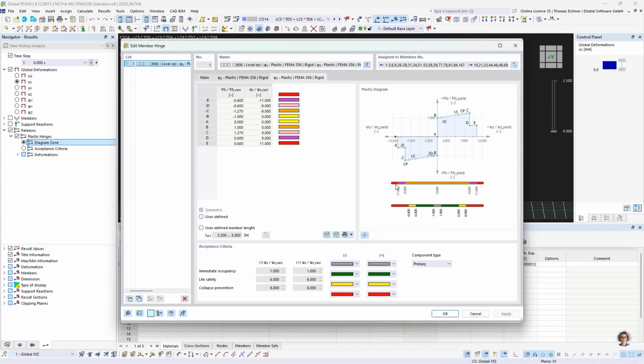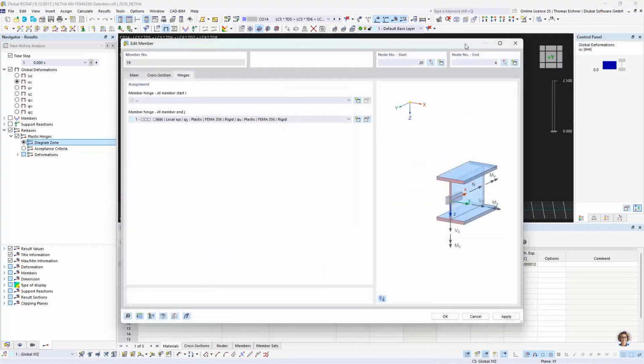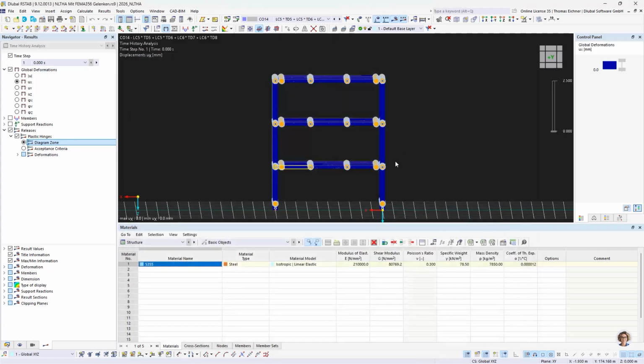If the diagram zone gets red, then this hinge completely broke. If it's purple, then it's still at 20% or something of its capacity, or 40. Not sure for FEMA currently. For the steel, it's 20, for reinforced concrete at least. But let's go for that and start it there.